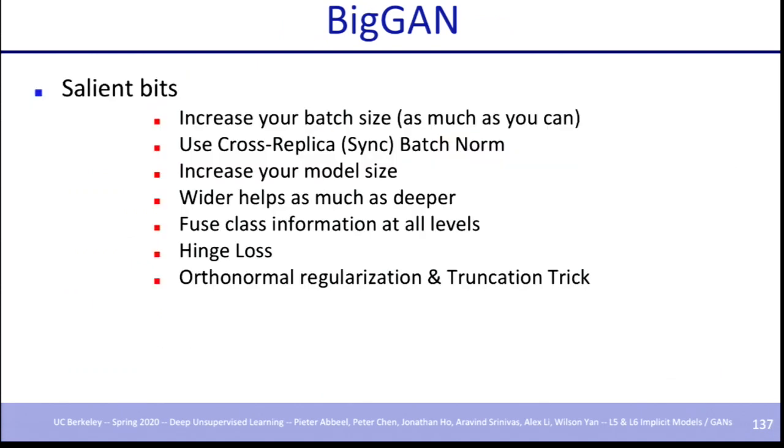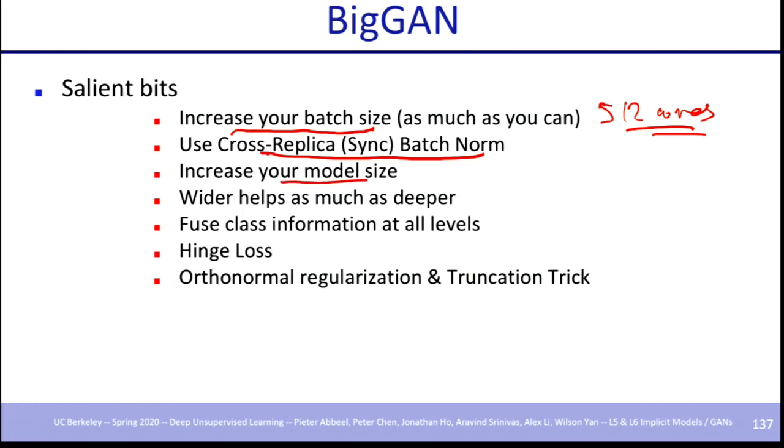So basically, these are the salient bits of Big GAN. Increase your batch size as much as possible. If you have a lot of TPUs, you can; I think they use 512 cores. And use cross-replica batch norm: your batch norm statistics are not just averaged over your mini-batch in your local device, but averaged over all the different cores.